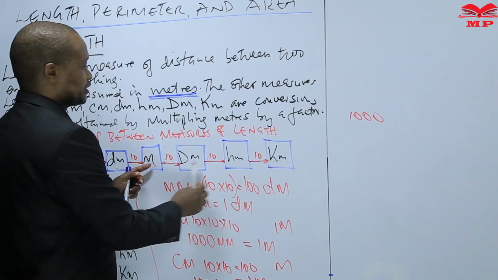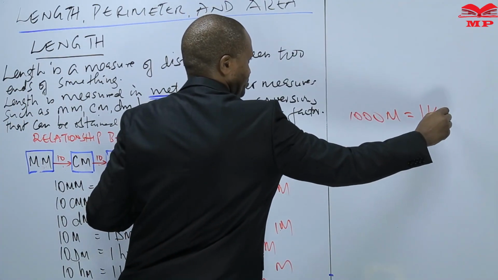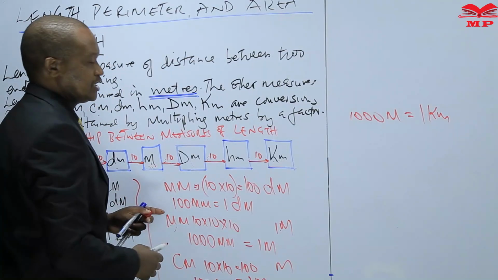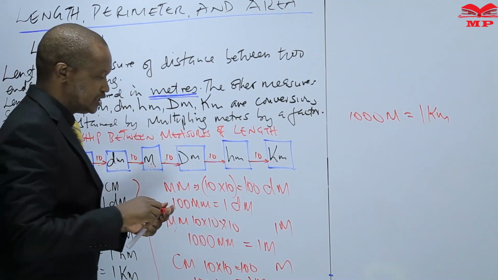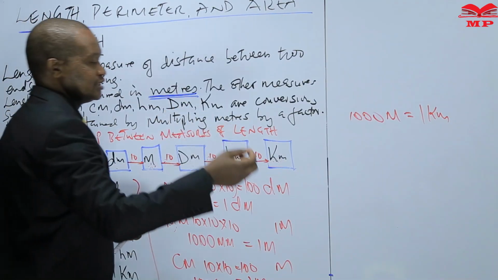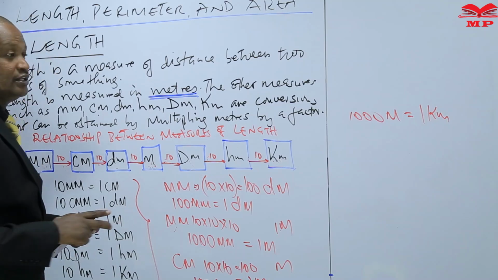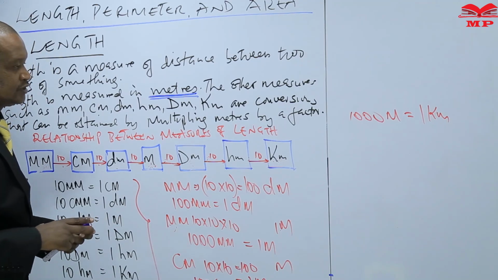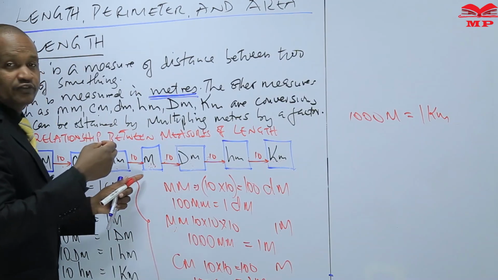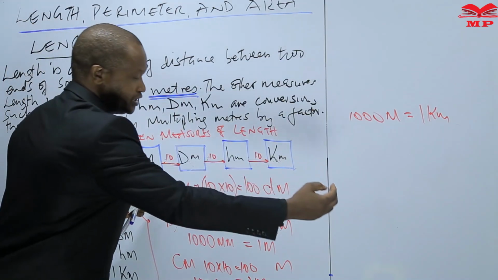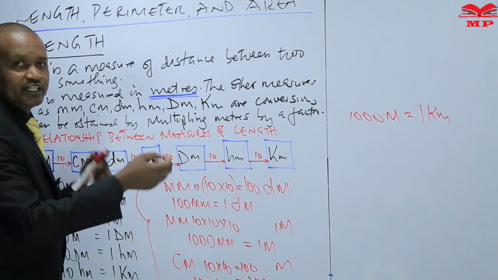Meaning 1,000 meters is equal to 1 kilometer. That is when converting from a smaller unit to a larger unit, you get the product of the tens between the units.